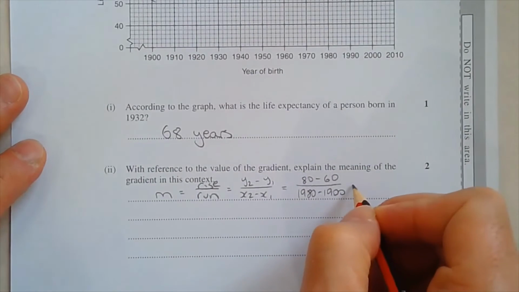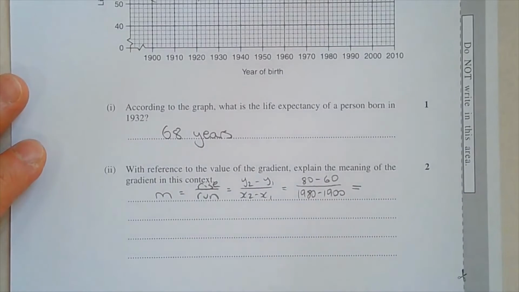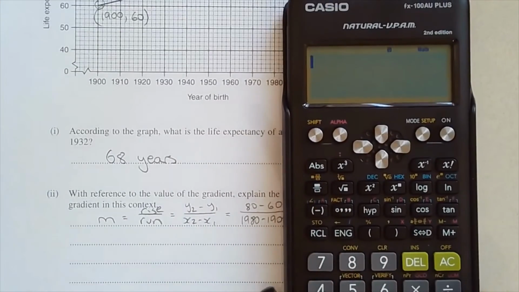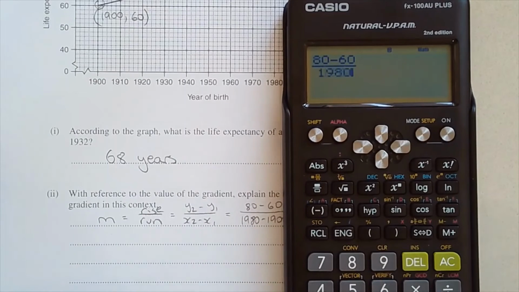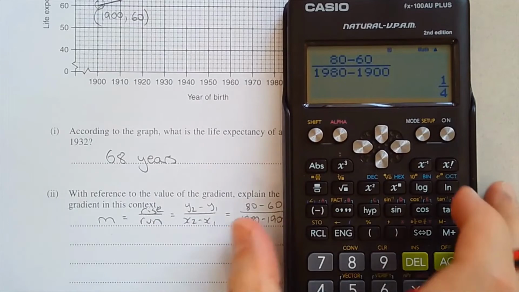Let's work this out quickly, 80 minus 60 over 1980 minus 1900, and we get 1/4.